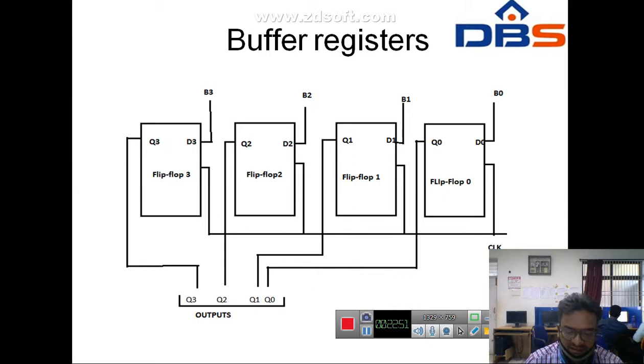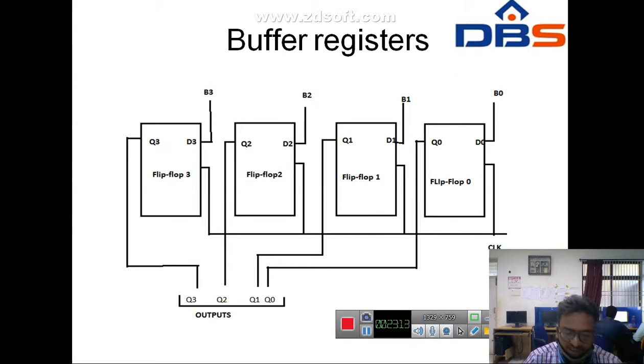Basically the data can be entered either in serial form or in parallel form, that is one bit at a time, or all the bits simultaneously. At the output we can retrieve the bits in serial or parallel form.